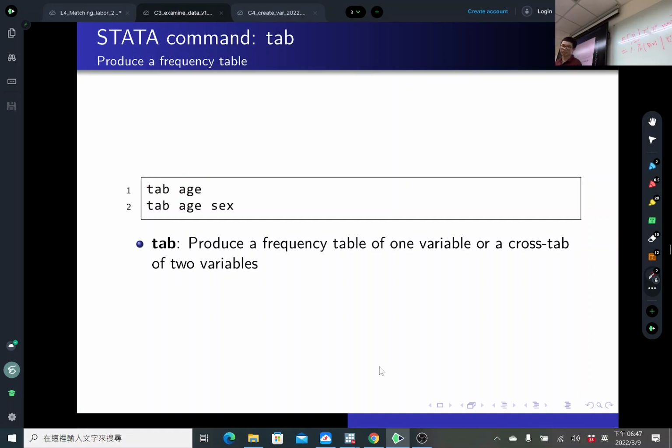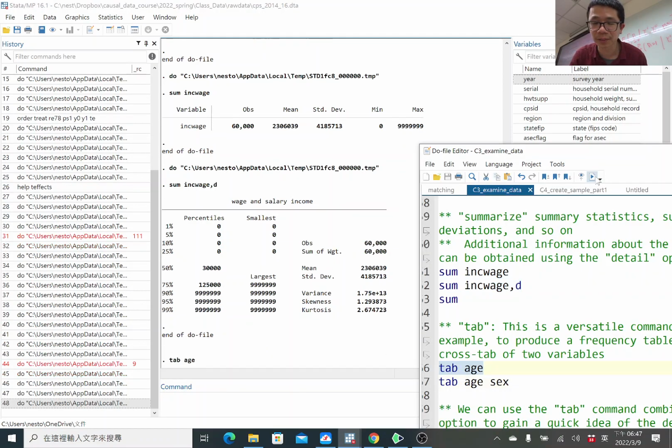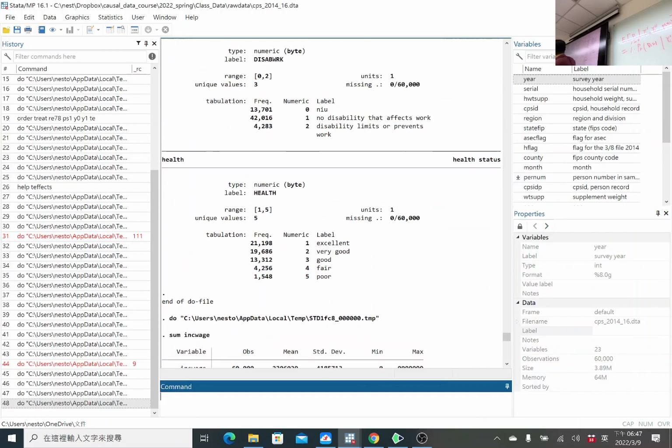For example, you tab age. This will give you a result that looks like this. For 1 year old, how many observations you have, and the share of the observations with 1 year old. Okay.